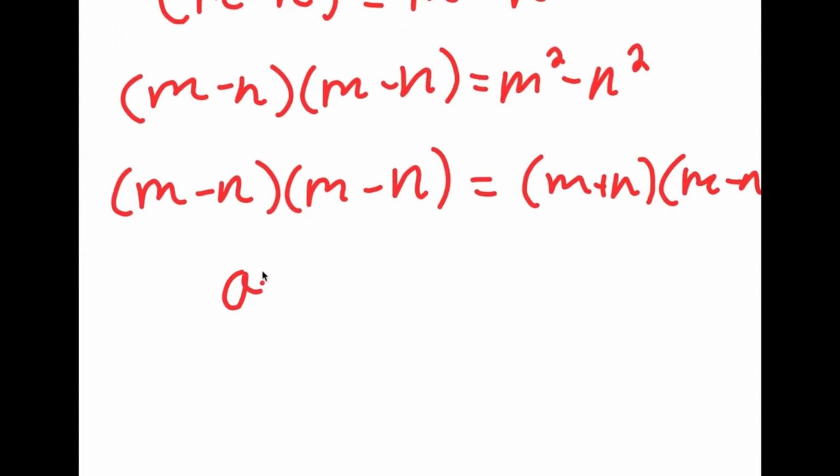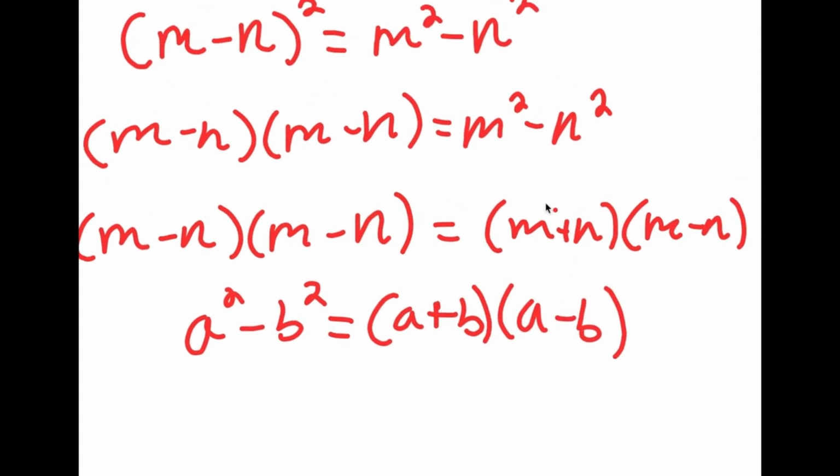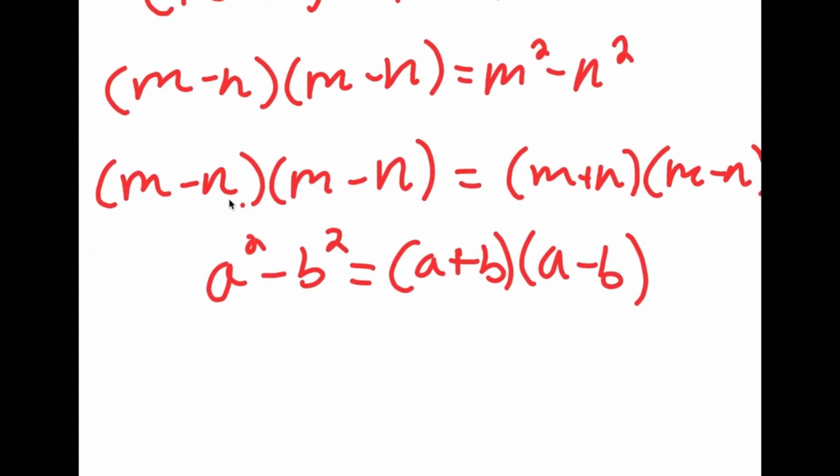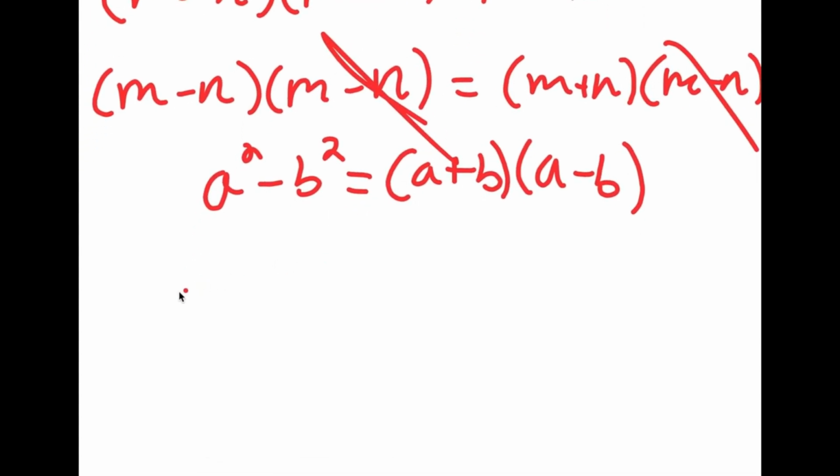Because if I have something in the form a squared minus b squared, this is equal to (a plus b) times (a minus b). So now, as you see, we can simply divide both sides by m minus n, and cancel these two out. So now I'll be left with m minus n is equal to m plus n.